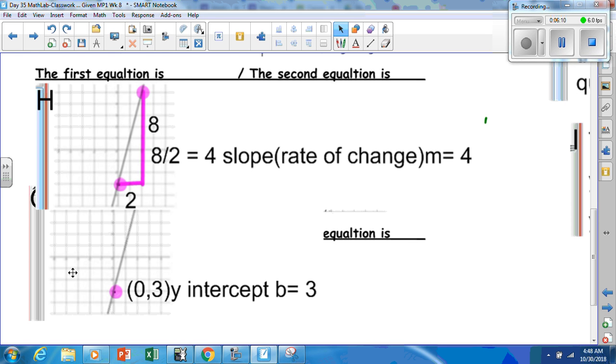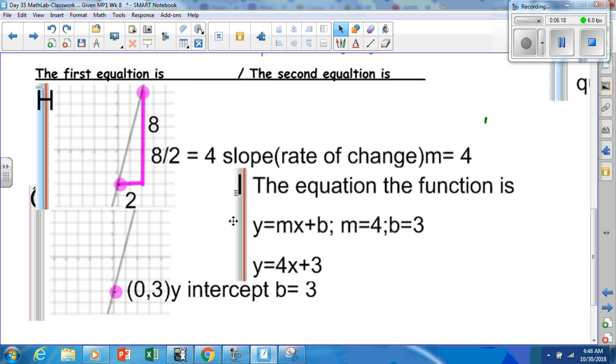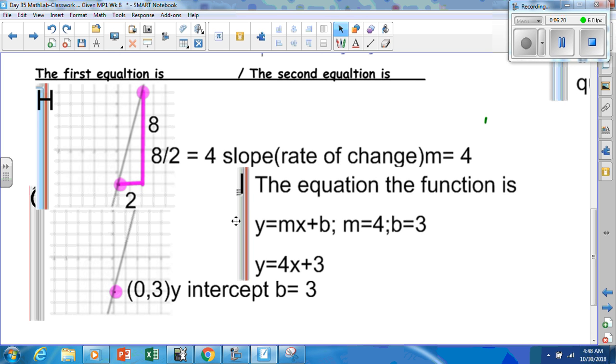My slope is 4, so it says y equals 4x. My intercept is b, so we say plus 3. So 4x plus 3 is my equation of the line. That wasn't so hard. All right, we got more? We got no more. We're all done.